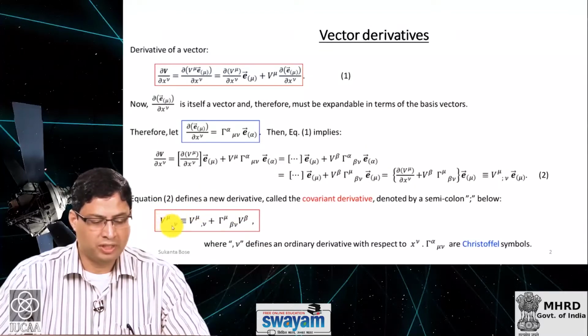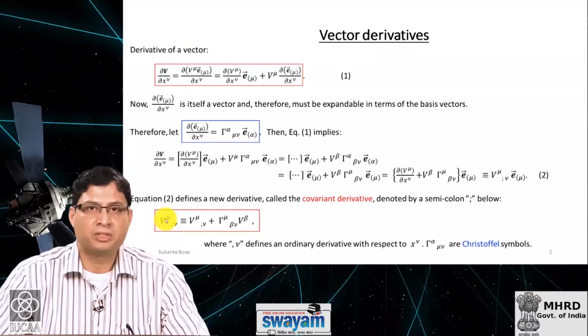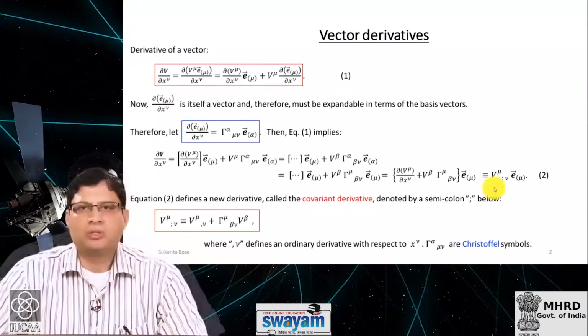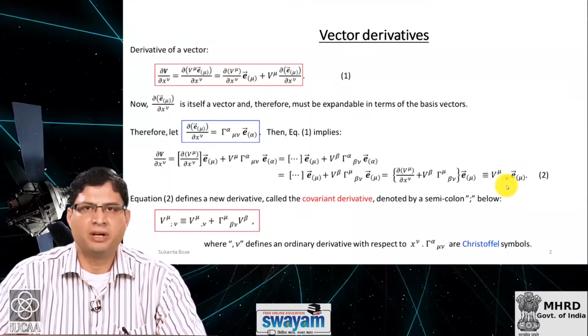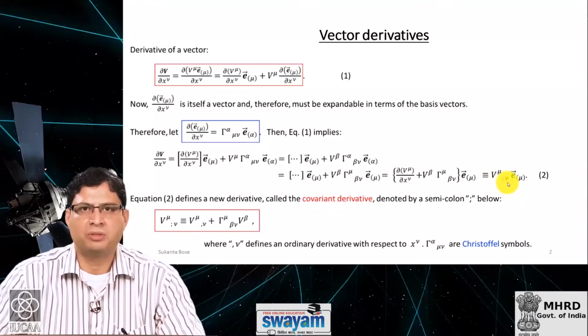So, we say that the covariant derivative of v mu with respect to x nu, so v mu semicolon nu, is defined as the covariant derivative of the vector components v mu with respect to x nu.